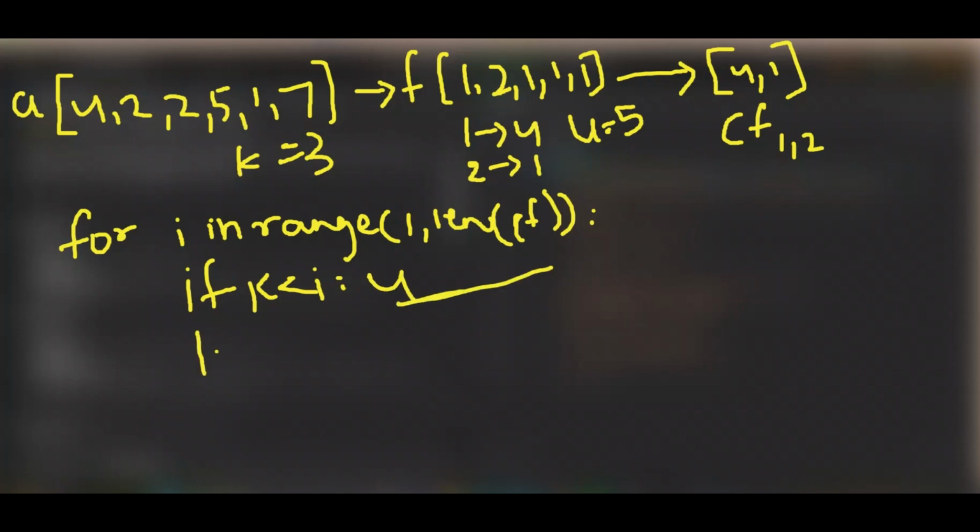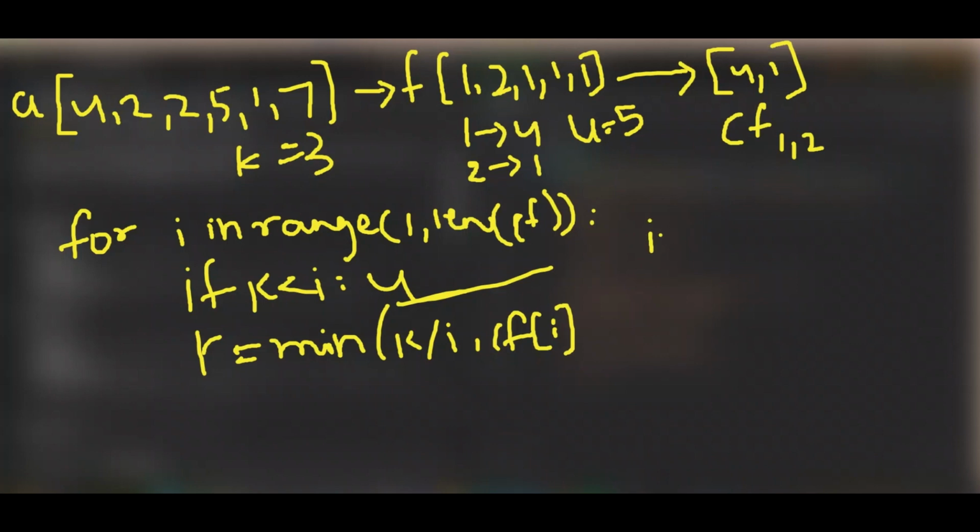Now the number of removals r can be equal to the minimum. We have to take the minimum number of removals, so we'll take the minimum of k by i comma the frequency of i. With the given example, let's take this count of frequencies array.